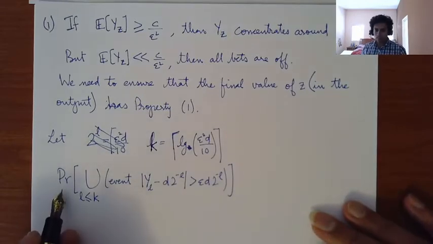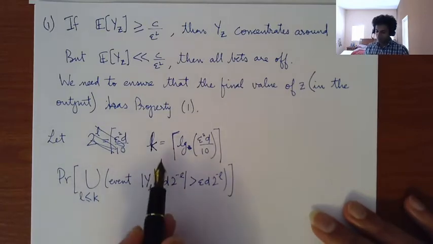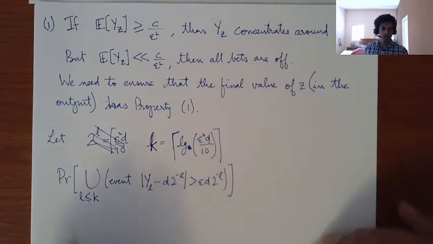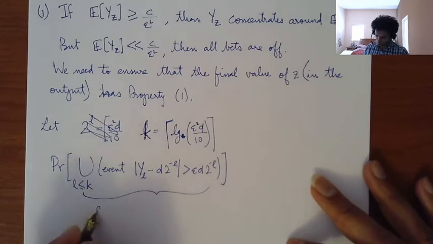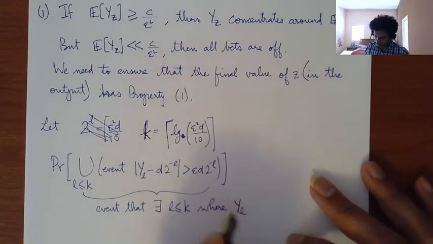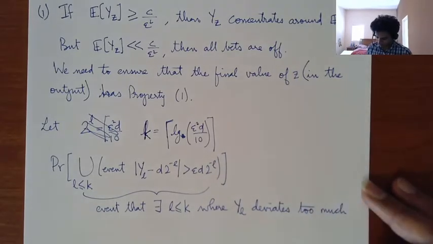So I'm looking at the event that there exists L less than k where y of L deviates too much.